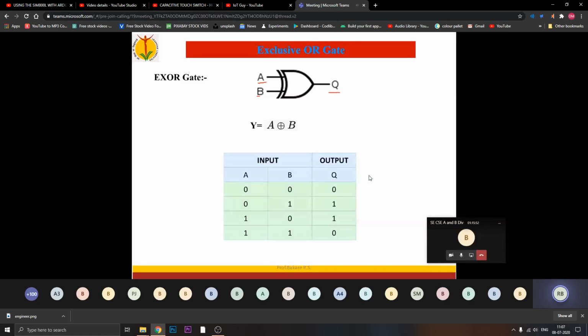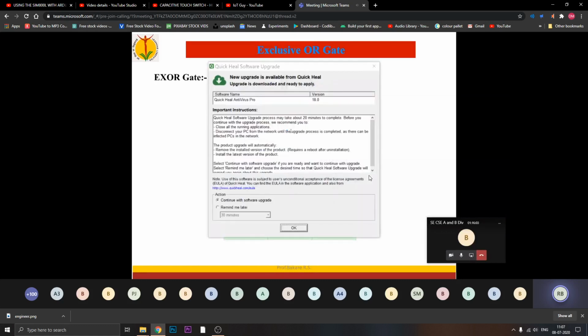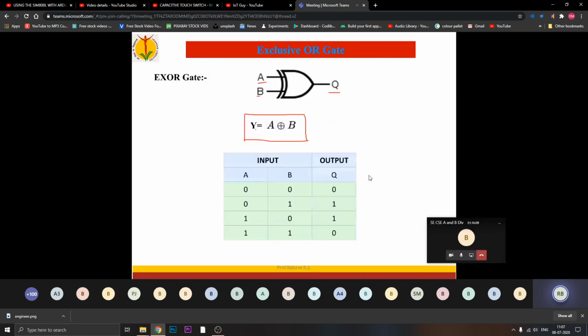Intentionally I have written the Boolean equation in symbolic representation: y equal to A XOR with B.